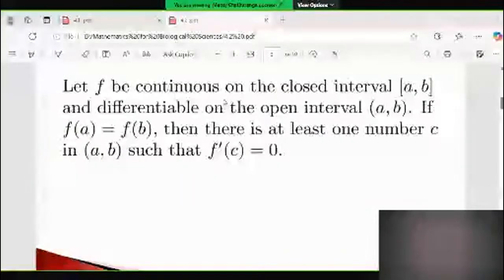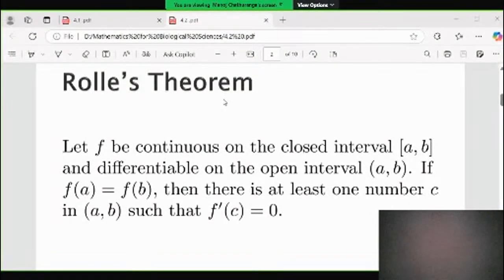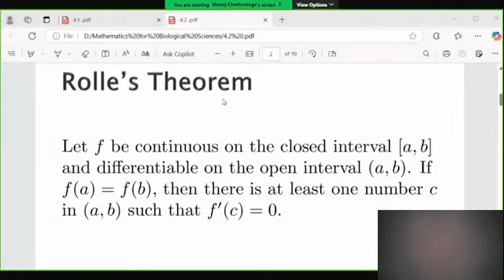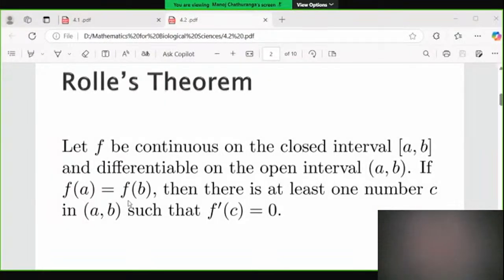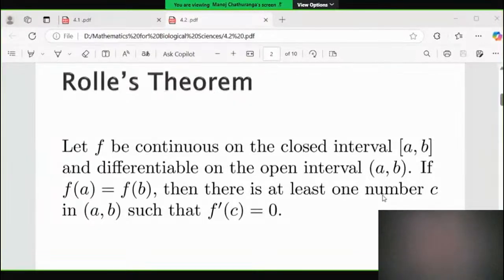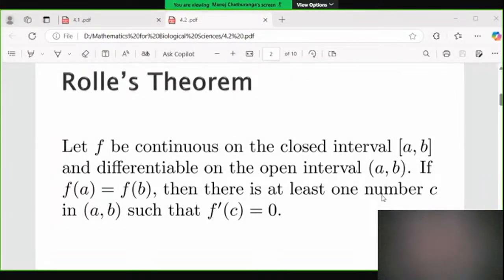So Rolle's theorem gives us a condition for the existence of zeros of derivatives. You don't need to do anything else. You need to find an interval [a, b] such that f of a equals f of b. So it's a very simple condition. You need an interval, and at the endpoints of the interval, the function values must be equal.